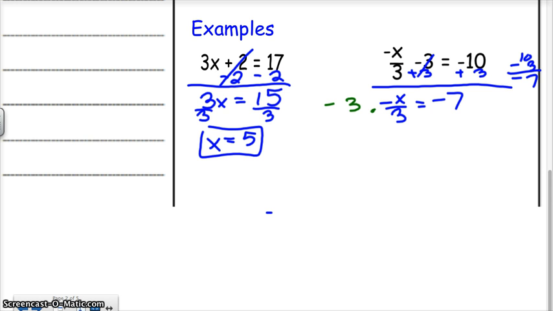I'm going to times both sides by a -3. I can put that negative on the bottom if I want. The negative can go anywhere. Times this side by -3. I get rid of the negative. I get rid of the 3. And I get x is equal, -7 times a -3 is a positive 21.